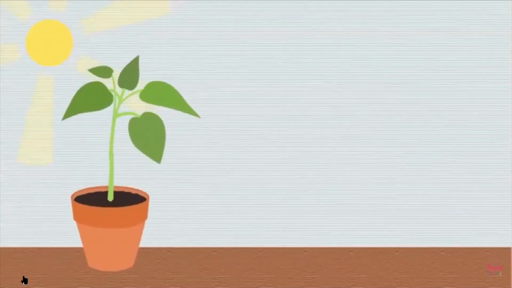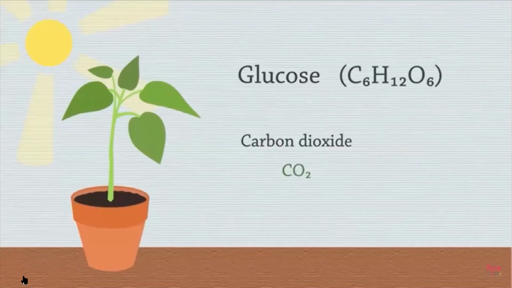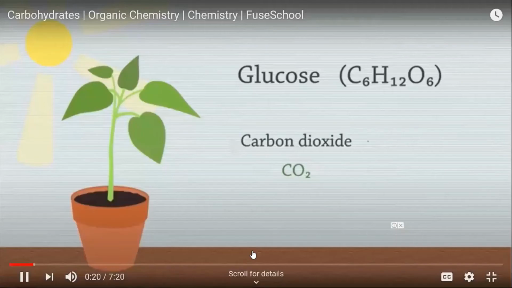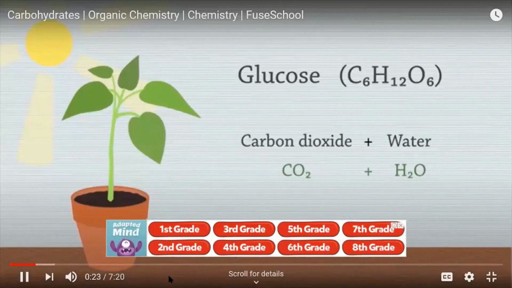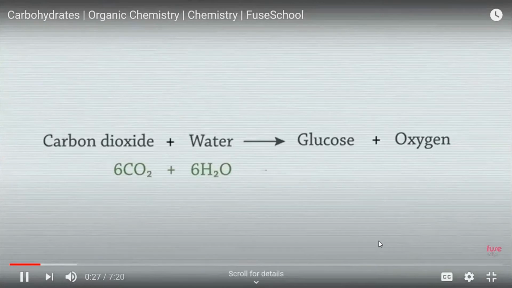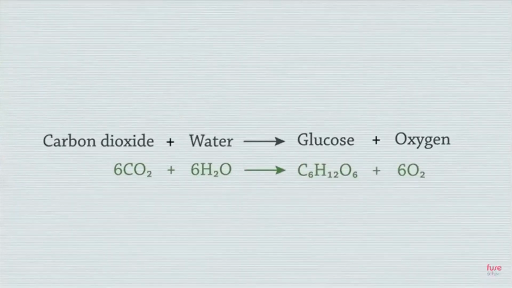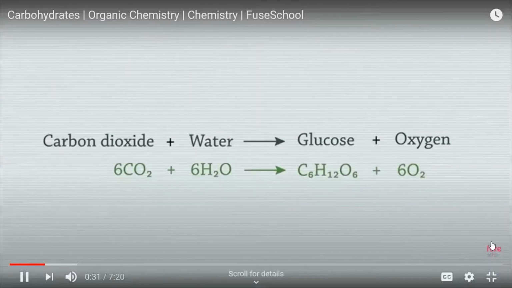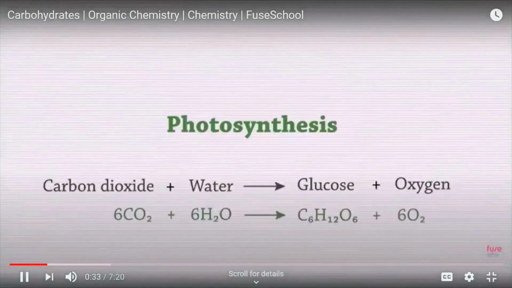Plants use light energy from the sun to form glucose from carbon dioxide and water, according to the equation below. This process is photosynthesis.